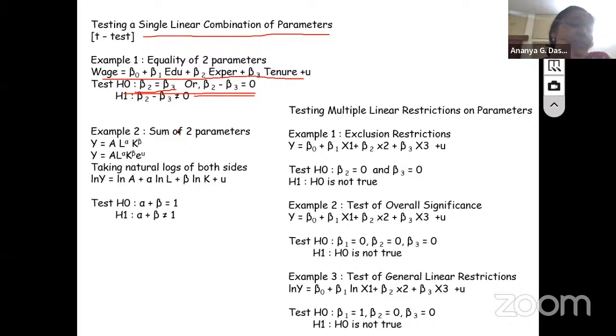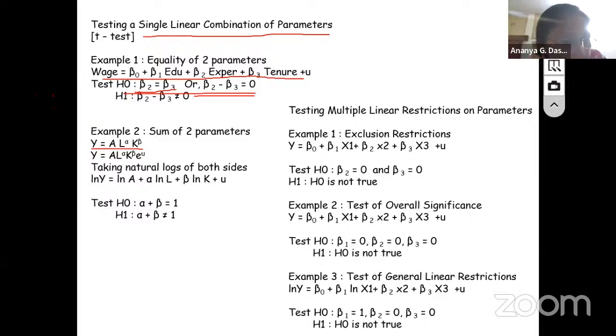Now, I don't know how many of you are economists, but if you are, then you would be very familiar with something we call the Cobb-Douglas production function, which is this kind of a production function that output is a function of technology, which is measured by A, labor measured by L, and K, which is capital.